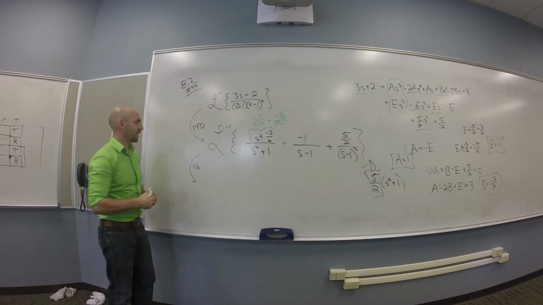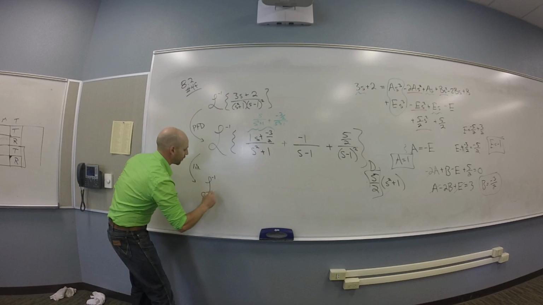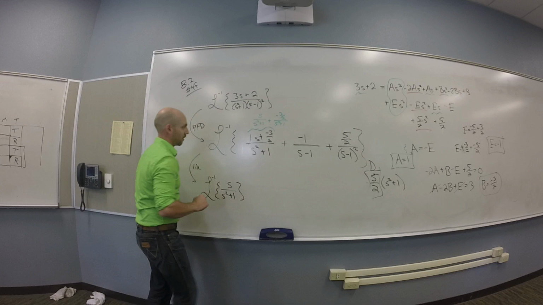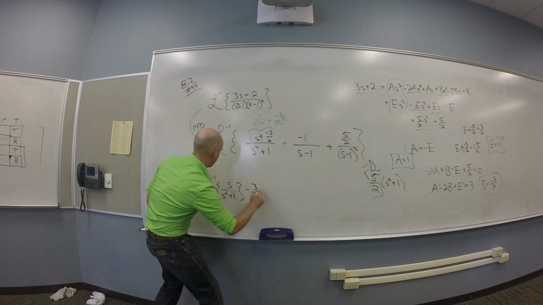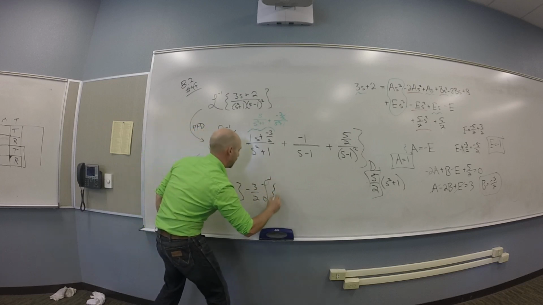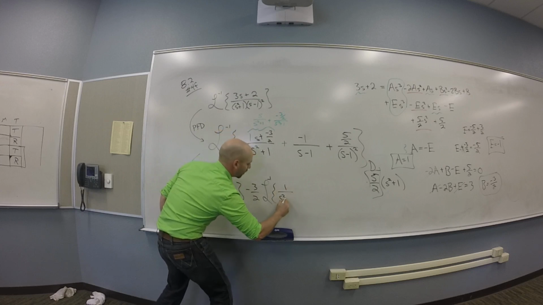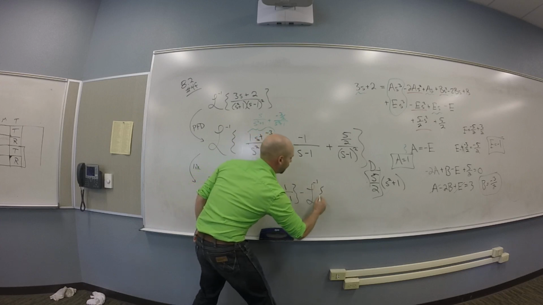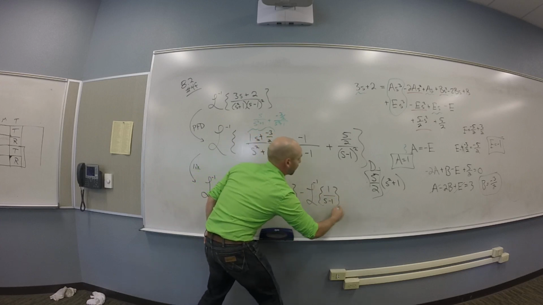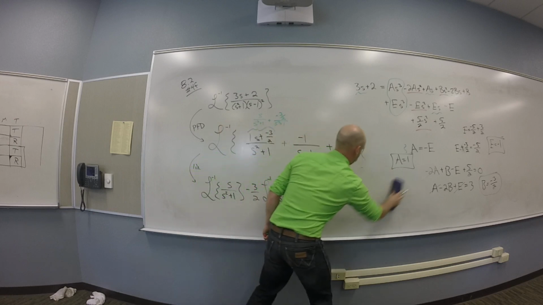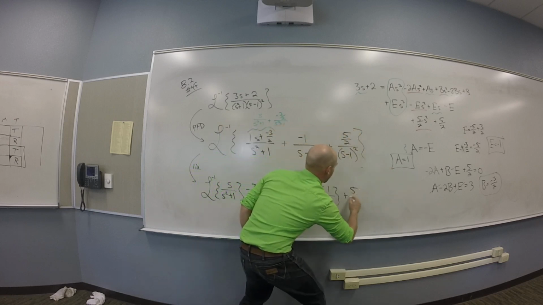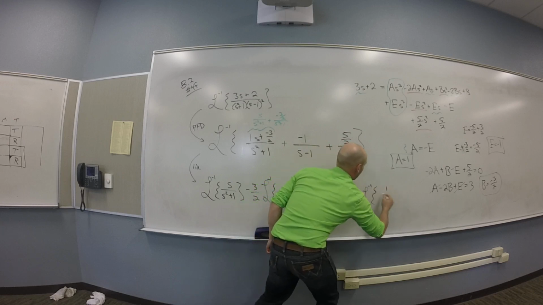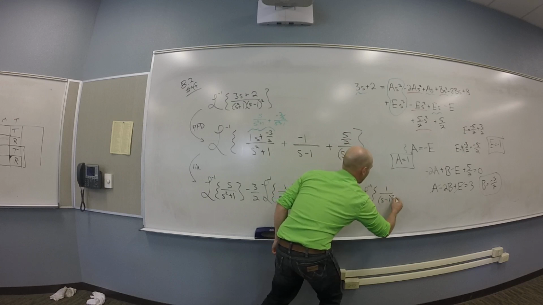So now if you use linearity, you get the inverse Laplace transform of s over s squared plus 1, minus 3 halves the inverse Laplace transform of 1 over s squared plus 1, minus the inverse Laplace transform of 1 over s minus 1, plus 5 halves the inverse Laplace transform of 1 over s minus 1 quantity squared.